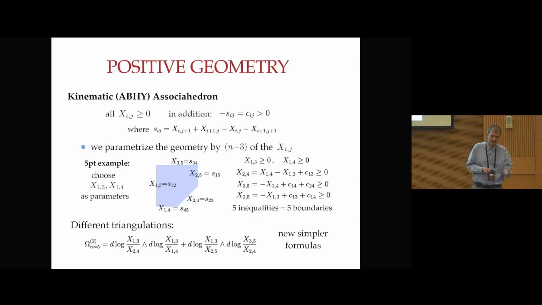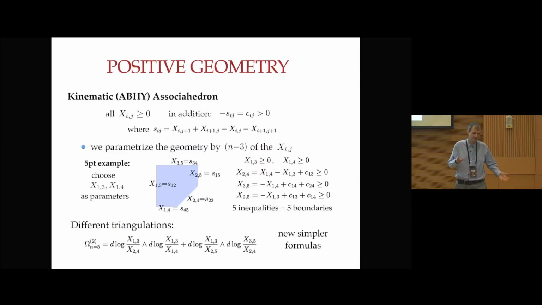So the 5-point phi cube amplitude corresponds to a differential form on the associahedron, which is given by this geometry. And now, different ways to triangulate. In the 5-point case, this pentagon corresponds to different ways to write the 5-point phi cube amplitude.